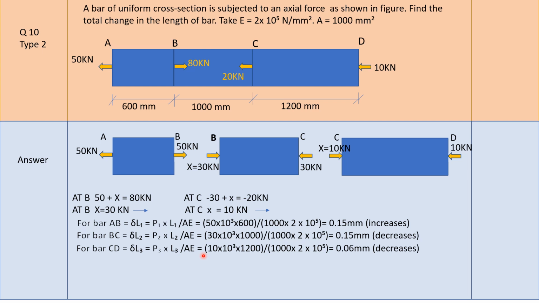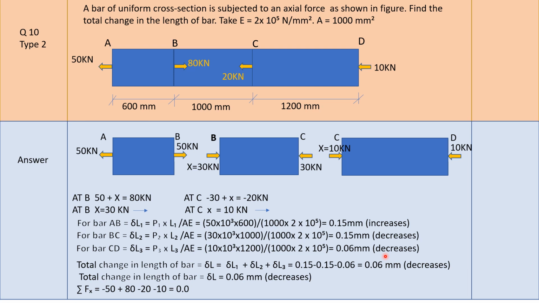This will give you the answer 0.06 mm. Here on CD, this 10 kilonewton is again a pushing force, so there will be decrease in length, so 0.06 mm and decreases. This is how we calculate delta L1, delta L2 and delta L3.